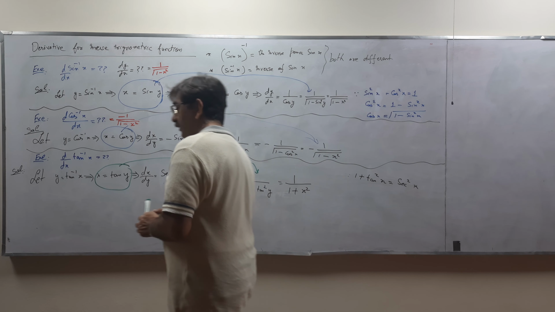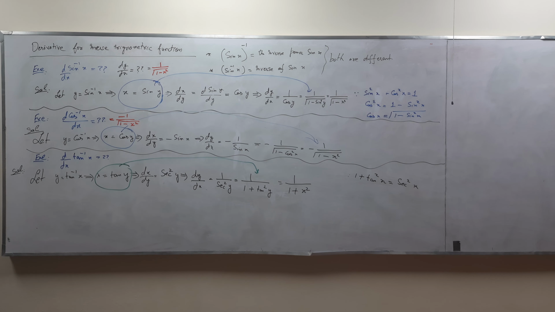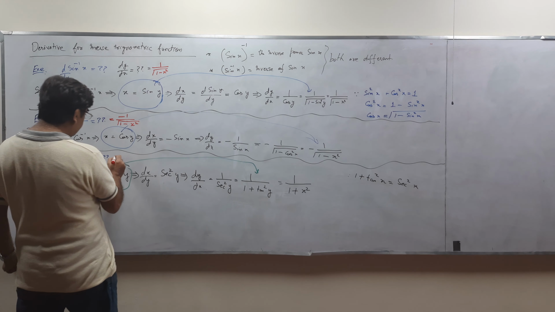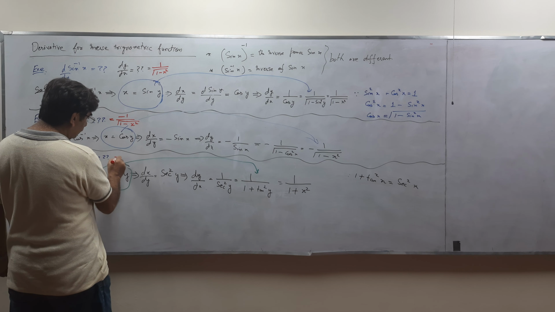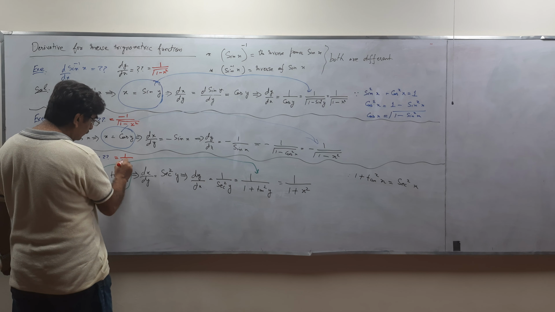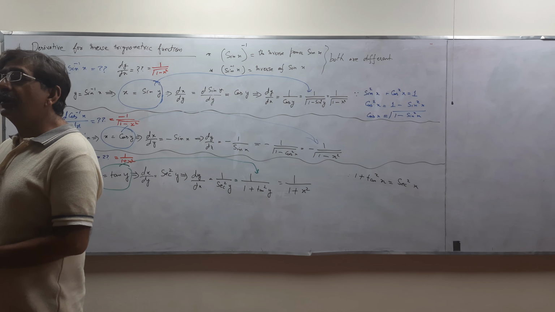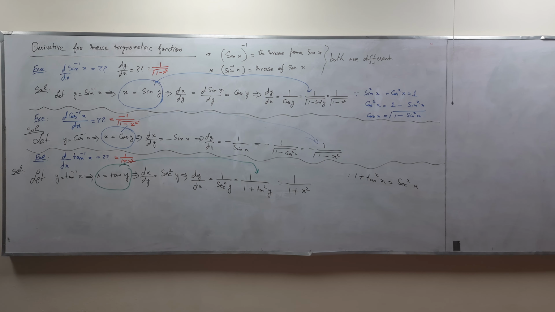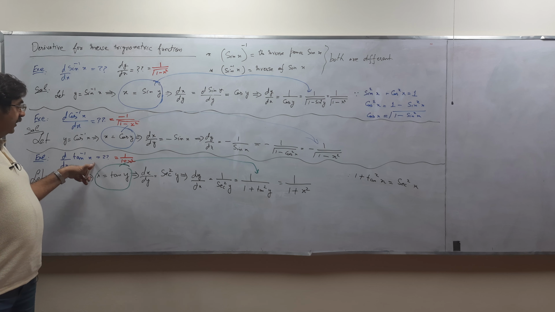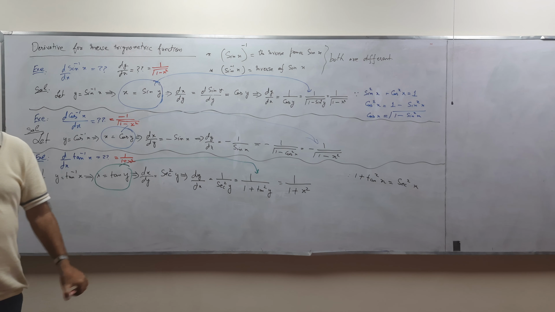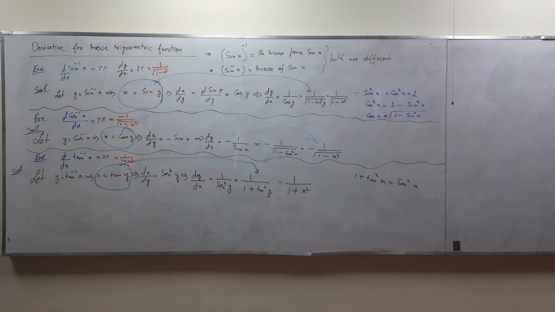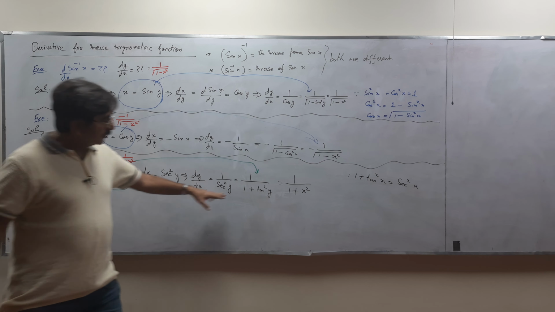So this will be the result: the derivative of tan inverse x will be equal to 1 divided by 1 plus x square. Okay, please correct this. Secant square is 1 plus tan square.